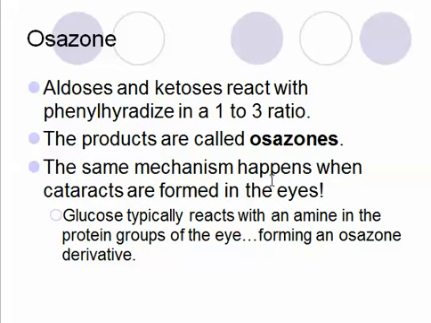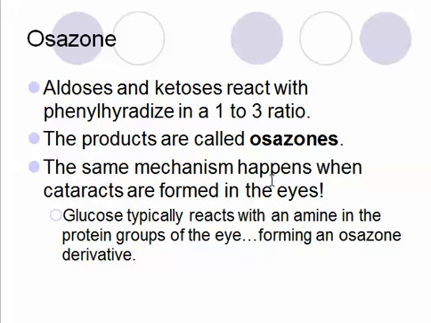So these sugar compounds, glucose, reacts with the amine group on these proteins, and an osazone reaction kind of happens. We see basically these groups that get slammed onto the glucose. The glucose precipitates out into a crystal, and that forms an osazone derivative, and that is known, as we call it, cataracts.